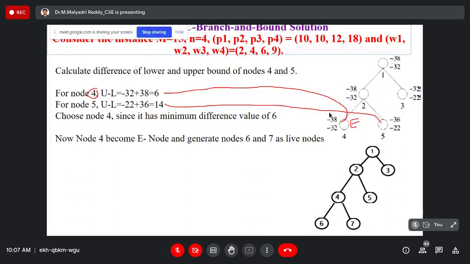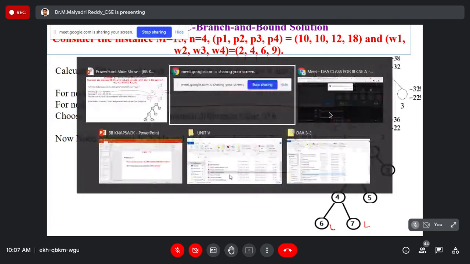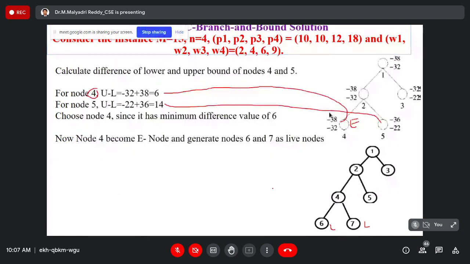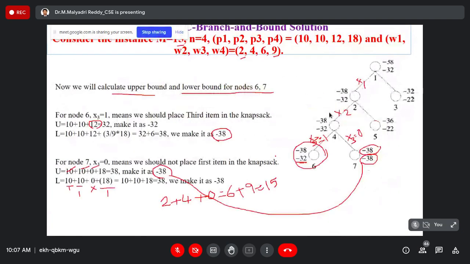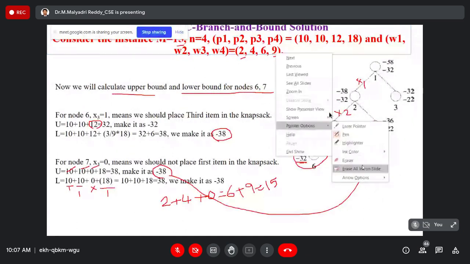E node means it generates 2 children. These 6, 7 are the live nodes.